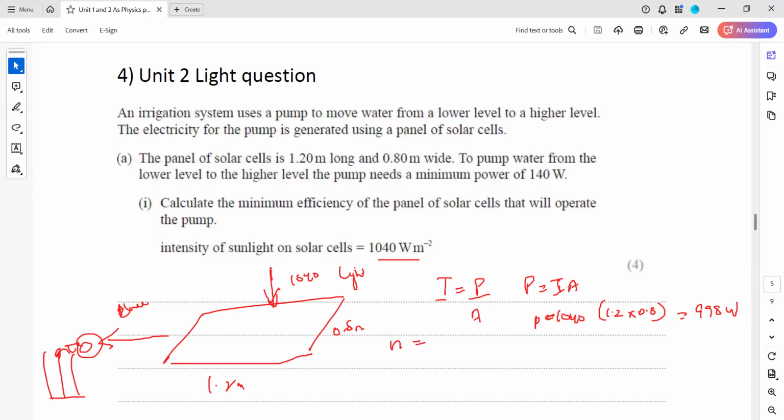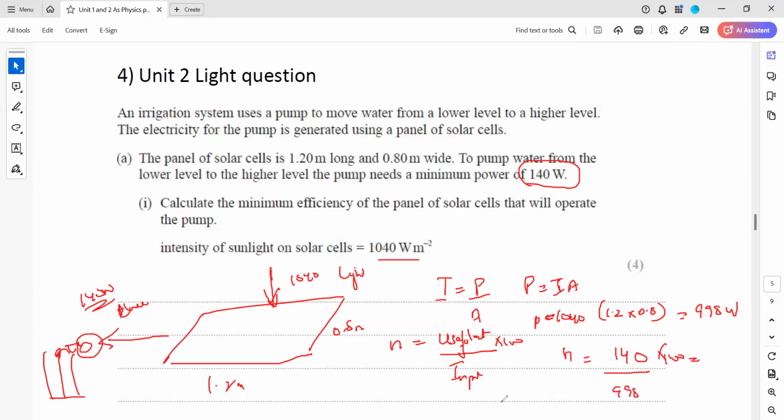Then the efficiency is the useful output divided by total input times 100. What is the useful output? It is used to operate a pump which needs 140 watts. So minimum we need 140 watts, and input is 998, times 100.